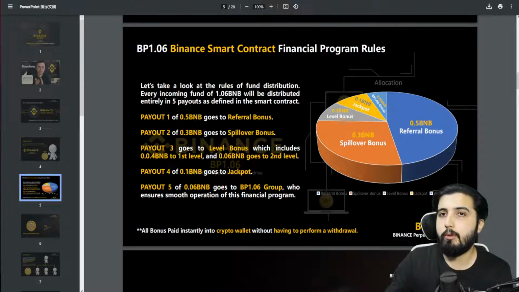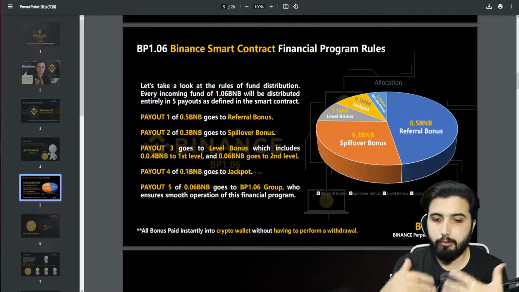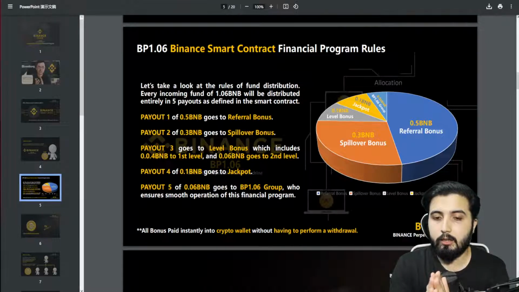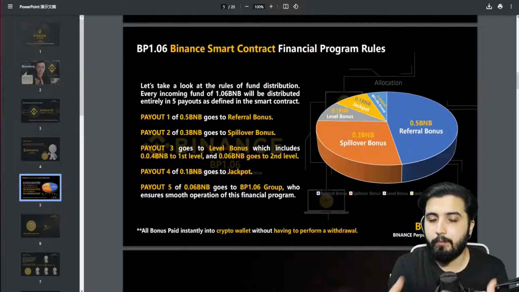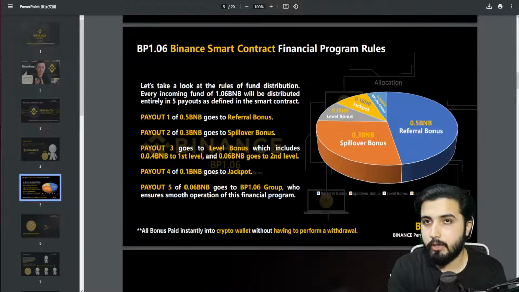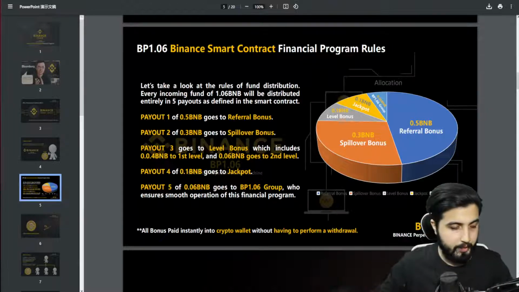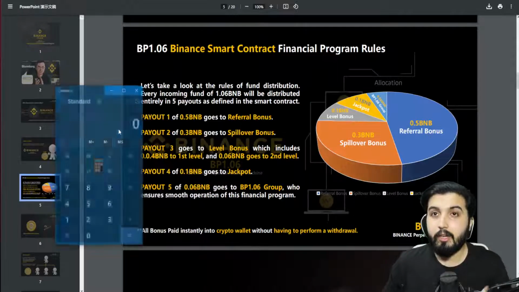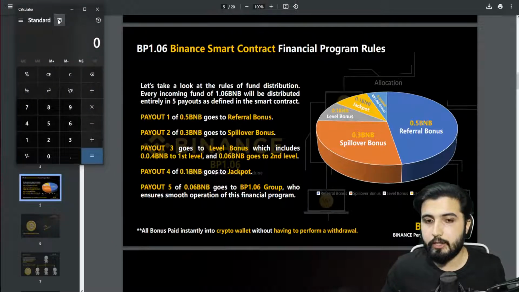So when anyone comes into this and they perform a deposit, an initial investment of 1.06 BNB, this is how it is distributed. So there's five different payouts in which this goes into. And I'm going to take out my calculator so that we can confirm that all of this is actually utilized.